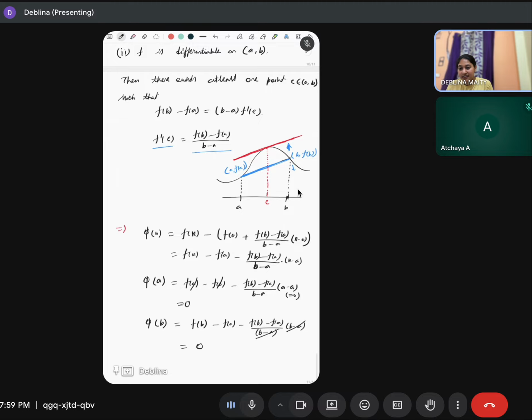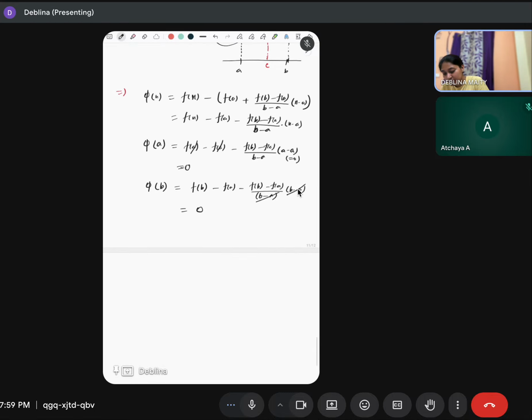This means there exists a c in between a and b such that phi dash c is 0. Now what is phi dash x? Phi dash x is f dash x minus (f b minus f a) by (b minus a) into 1.